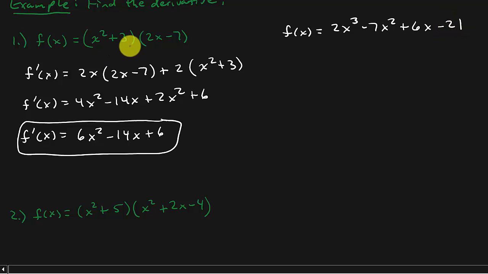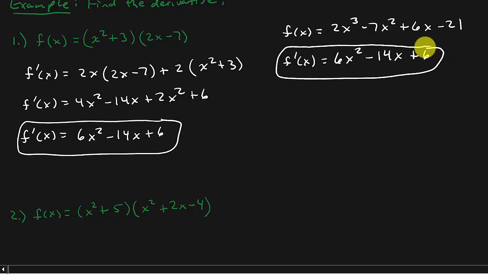All I did is multiply it out. Then I just take the derivative of this. So f prime of x is 6x squared minus 14x plus 6. And you get the exact same answer. So which way should you do it? Well, it doesn't matter. They're both correct.